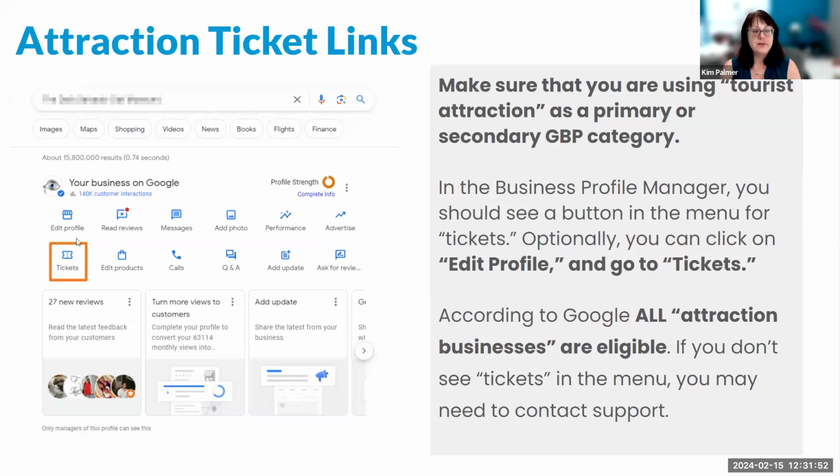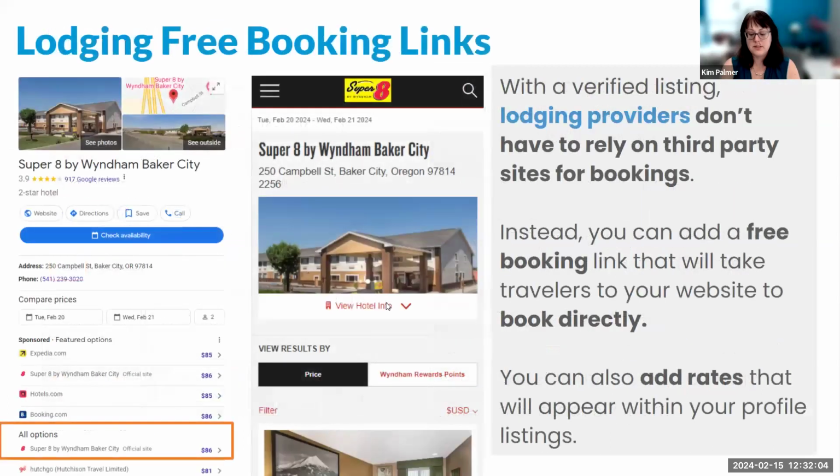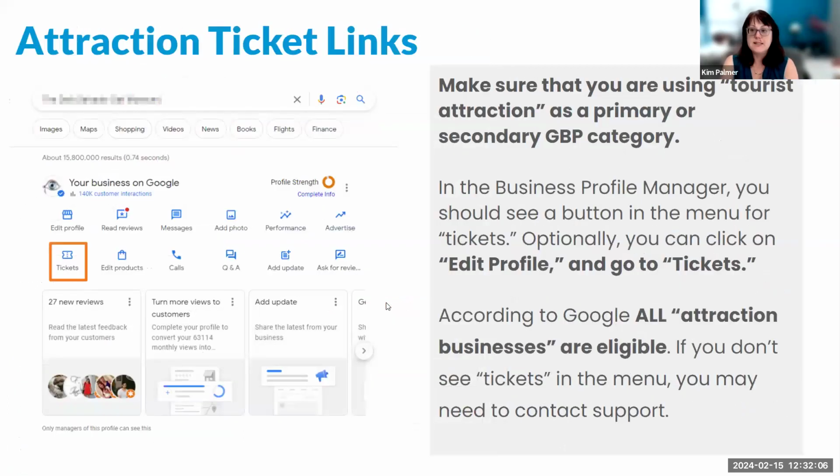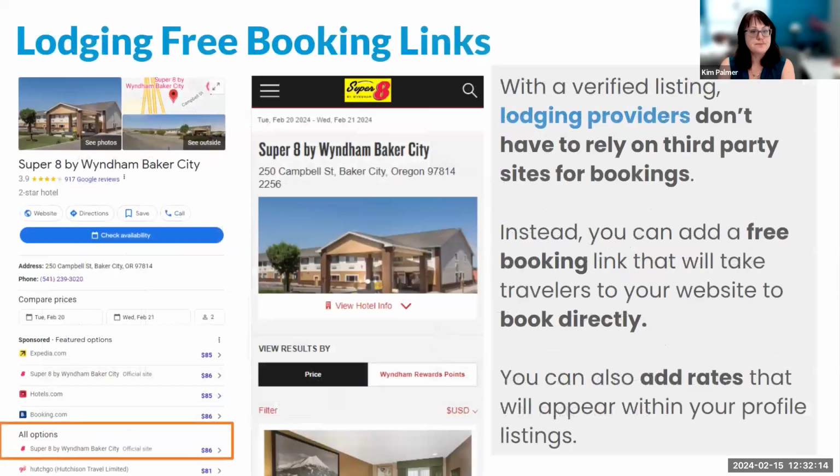Recently, we have found that this really only shows up when you're using desktop to manage your profile. It doesn't seem to be showing up in mobile right now. So if you click on this, you're going to get a dialog that allows you to put in the URL for your tickets for your business.